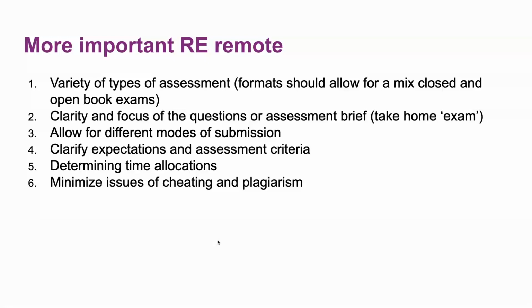Number four is we need to also clarify our expectations and assessment criteria. This is going to be super, super important. As I was saying, it links to number two: if we're not clear and focused, and we don't clearly specify our expectations and the assessment criteria, it leaves students in a space of ambiguity.